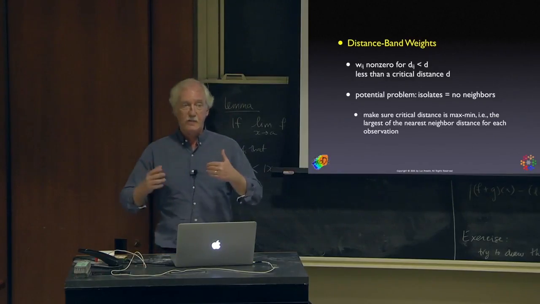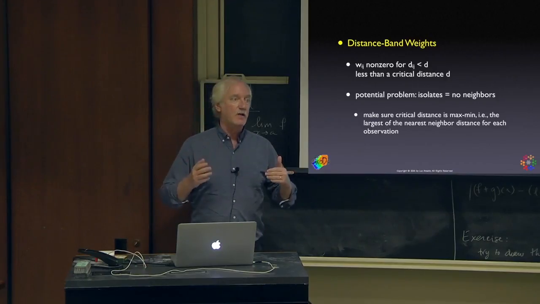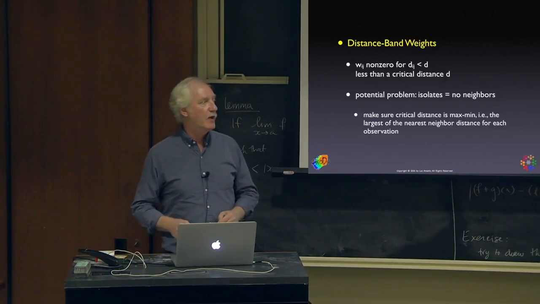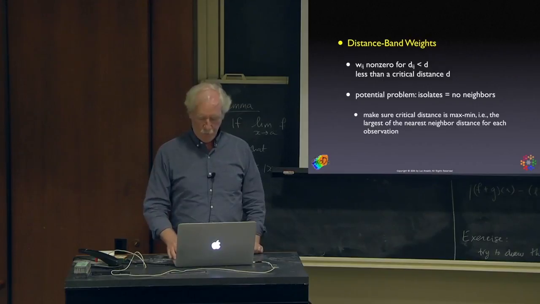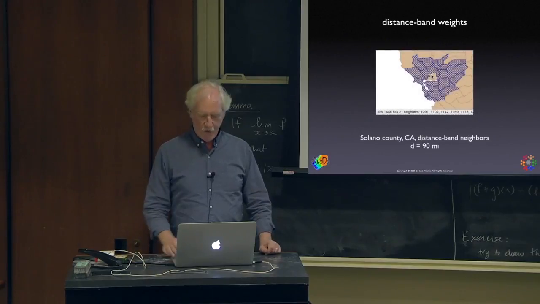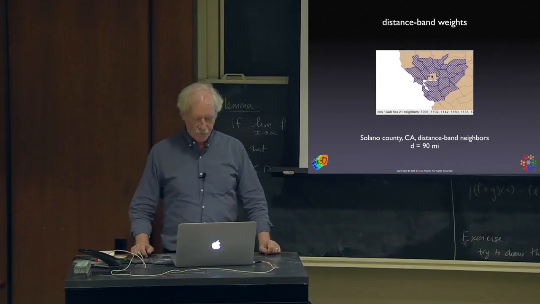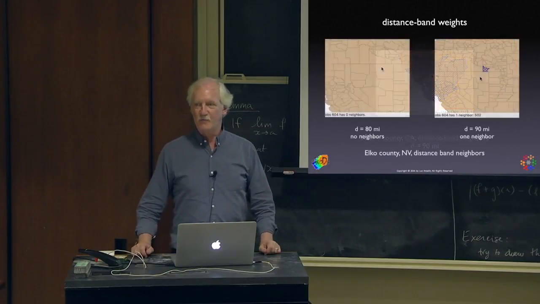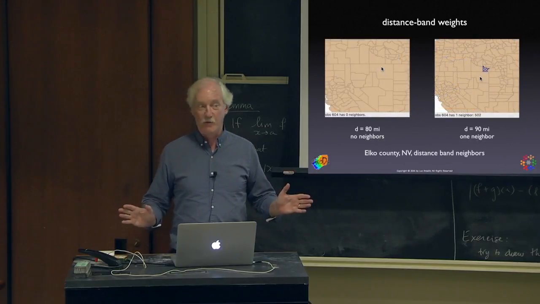And if we take the distance and it's not large enough, then some observations will not have any neighbors. So this is an example of a distance band weight. I used 90 miles, and then I also had to look long and hard. Elko County, Nevada. Anybody been there or from there?